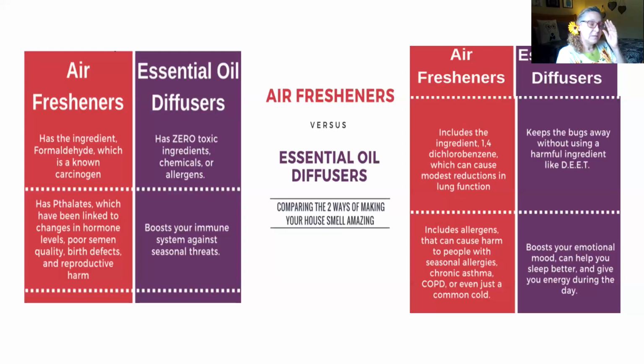Essential oil diffusers, and this is one of the best things about diffusing, at least for me: they boost your emotional mood. They can help you sleep better. They give you energy during the day.